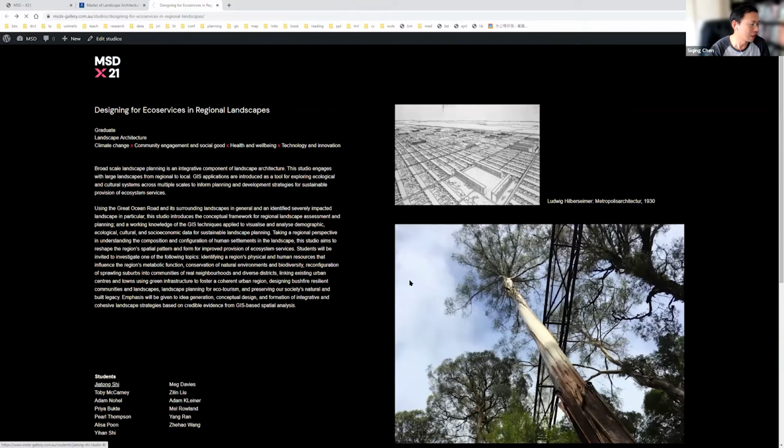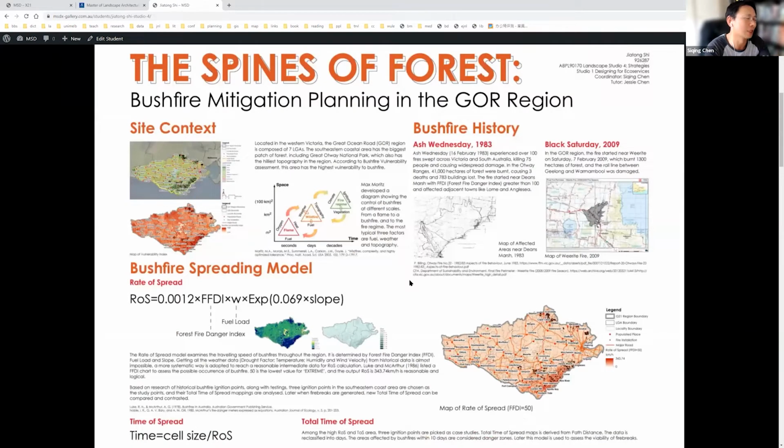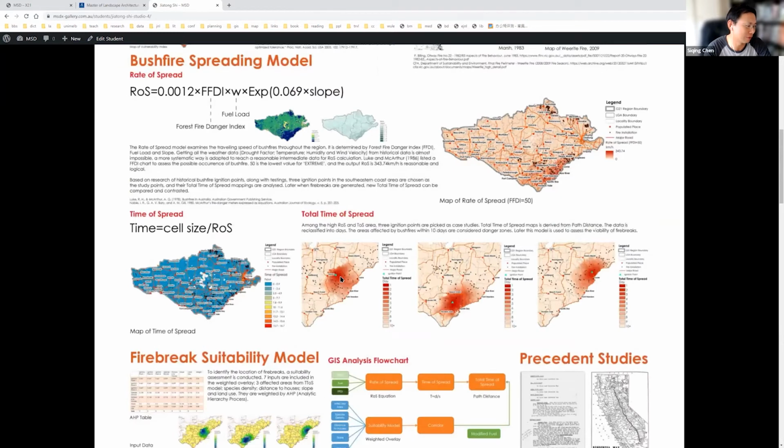Jia Tong looked at the bushfire in the Great Ocean Road, looking at the historical bushfire events along that region, and then collected a whole lot of data and built a model to imagine if you have a bushfire start somewhere like this, and incorporating the climate data, topographic data, vegetation data, and all those data to simulate how the bushfire will spread.